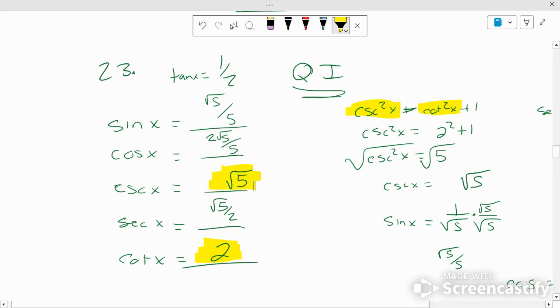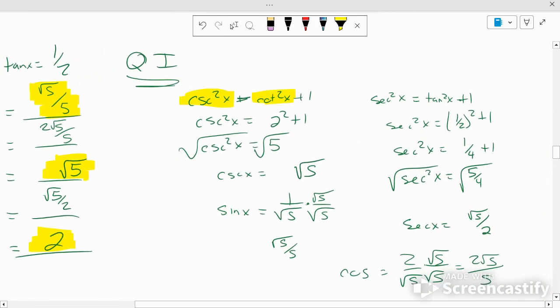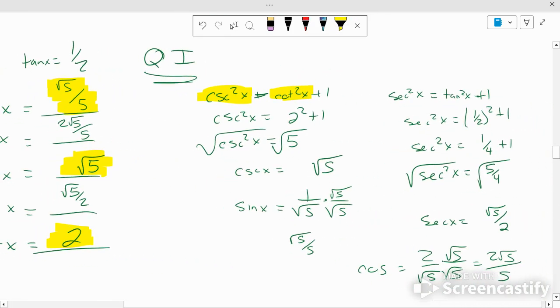I found that. And you know the reciprocal of cosecant is sine. So if sine is 1 over square root of 5, can't leave square root of 5 on the bottom. It's square root of 5 over 5. Okay? Then, if I have tangent as 1/2, I can find secant squared.